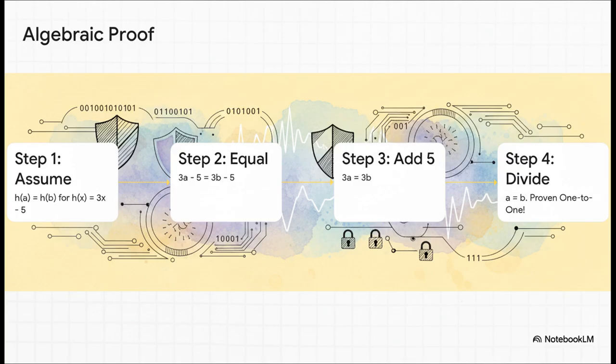For a function like 3x minus 5, we start by setting the outputs equal. 3a minus 5 equals 3b minus 5. Simple enough. Then, we add 5 to both sides, which gets rid of the 5s and leaves us with 3a equals 3b. Finally, divide both sides by 3, and we're left with a equals b. Since the only way the outputs could be the same is if the inputs were the same, boom, we've just proven this function is one-to-one.